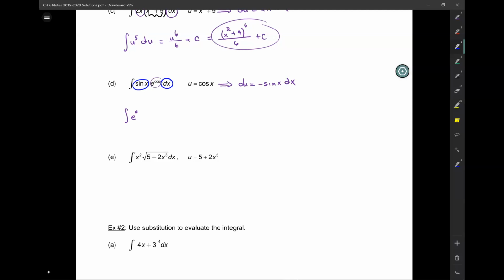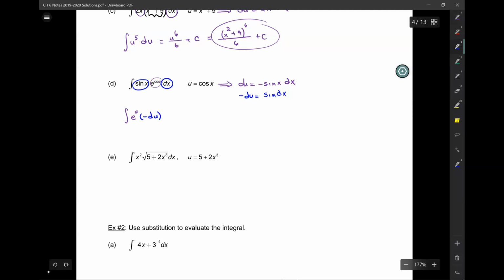So now this is the important part. I have to go here to my du, and I need to solve this for the blue parts, sine x dx. So here, sine x dx is equal to what? Negative du. So when I go in to substitute, it's negative du.